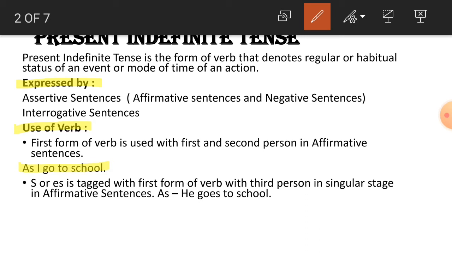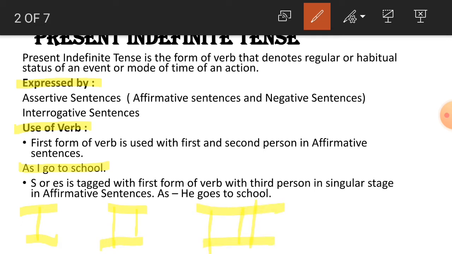Students, I think you have studied persons many times. There are three persons: first, second and third.